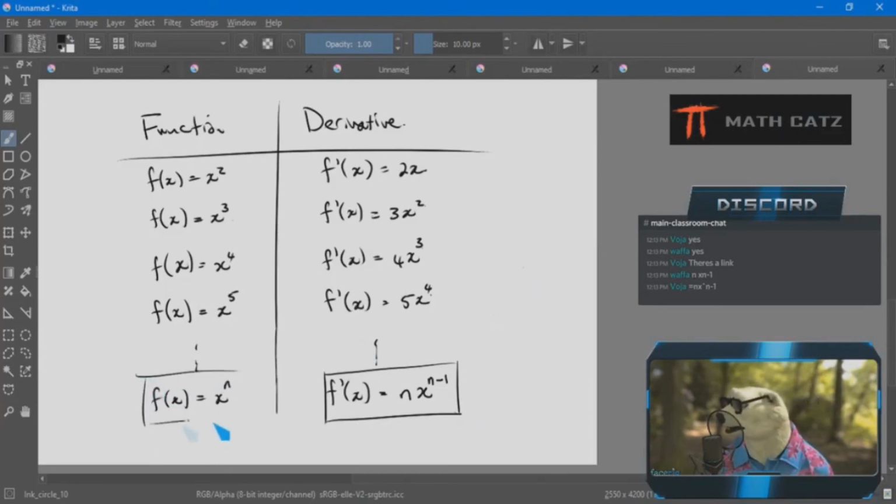Now, we're not saying as much as you think we're saying, but we're saying something, and it's a good step in the right direction. If I have a very basic function, a single x to the power of some positive integer, then I've now gone up a few levels here. Then I can find the derivative without touching that limit definition, and that's ultimately my goal.